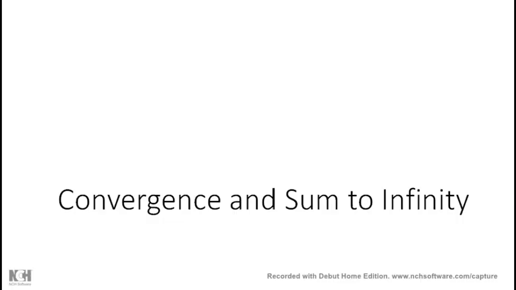Okay, so finally, I'm just going to explain convergence and how to find a sum to infinity. If you've got a sequence, let's start with the sequence which looks like this: 8, and then 4, and then 2, and then 1, and then 0.5.